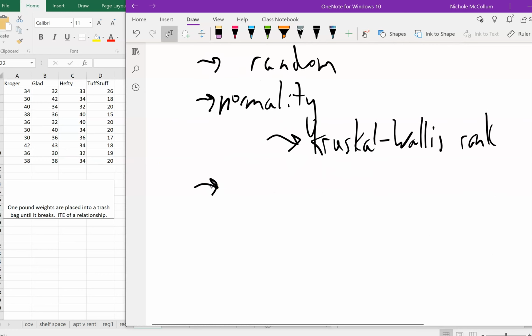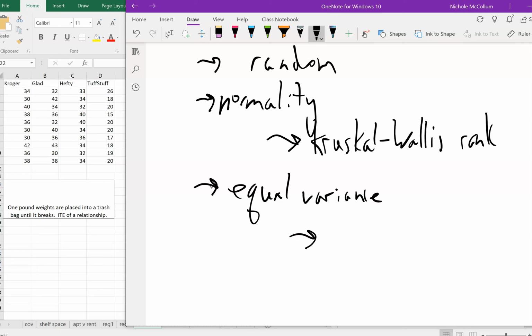Third thing we check is we want equal variance among the groups. Again, something very hard to check, but you could check it utilizing the Levene test. There is a special test called the Levene test, again for advanced statistics, where you can check whether you have equal variance.